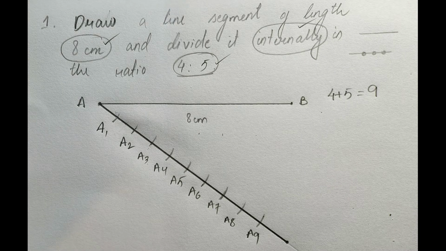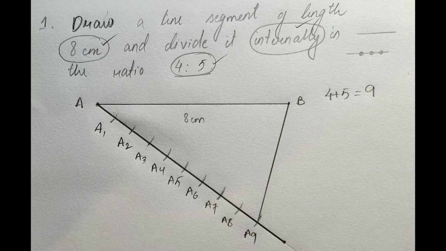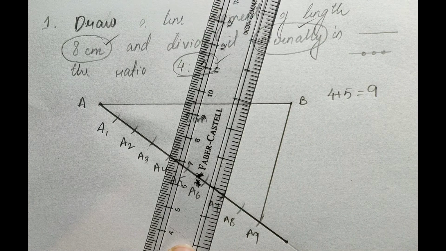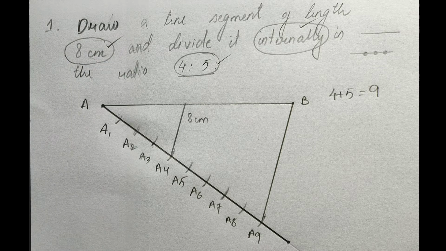to A9. Now we will join the other end of the line, that is B, and A9, and it will look something like this. Now since the ratio is 4:5, we will take A4 and draw a line parallel to the line A9B, which will look something like this.